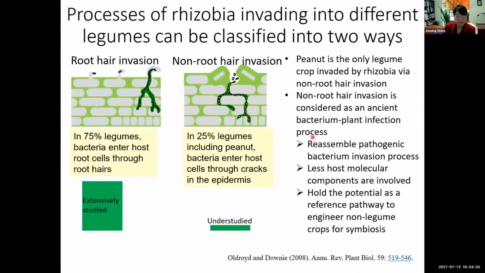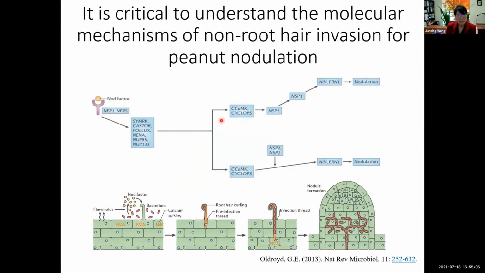This invasion is considered an ancient bacteria-plant interaction for the infection process, and it resembles pathogenic bacteria invasion into plants. It also involves much fewer host molecular components. So it holds great potential as a reference pathway to engineer non-legume crops for symbiosis in the future. So it is critical to understand the molecular mechanisms of non-root hair invasion for peanut nodulation.